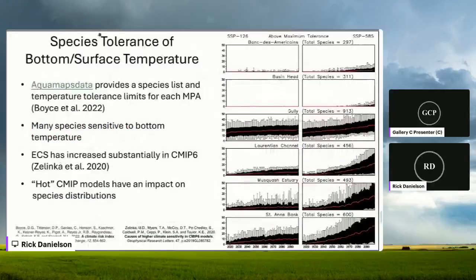So if there's time, I guess we can just look briefly at the number of species among the count in species for the different MPAs. This is the number of species that would reach the tolerance limit on the high end.